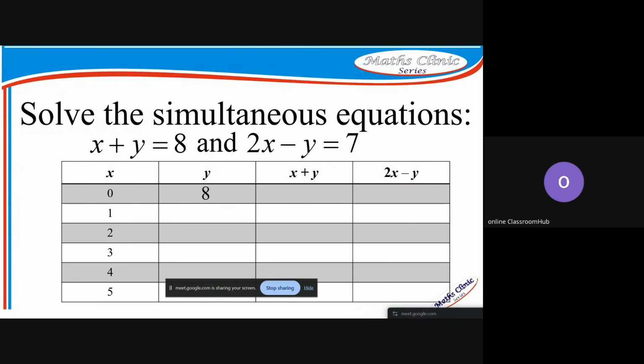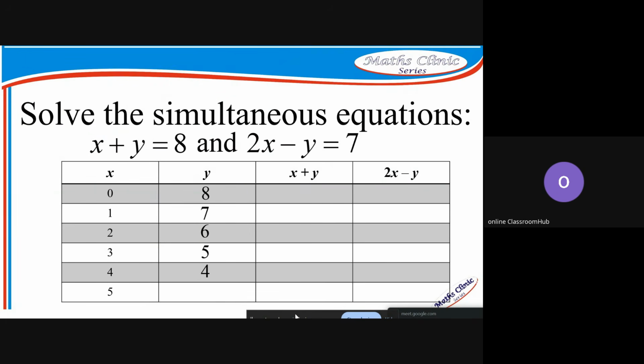So when x is 0, y is 8; x is 1, y is 7; x is 2, y is 6; x is 3, y is 5; x is 4, y is 4; x is 5, y is 3.